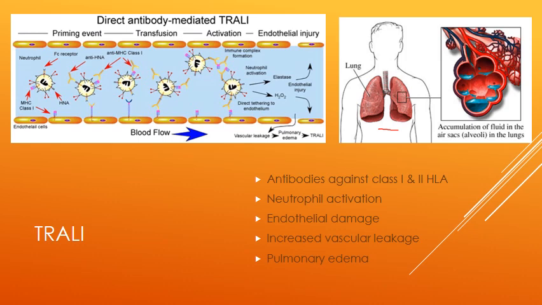So there have been some efforts to organize getting plasma products from men, and by giving plasma products from a male donor to multiparous women, we find that we have less incidence of TRALI, which would mean fewer TRALI fatalities.